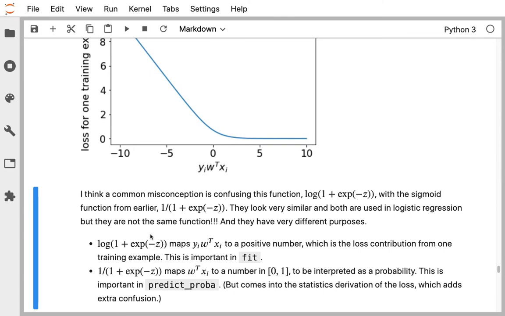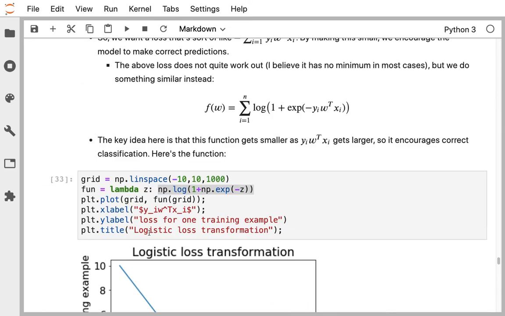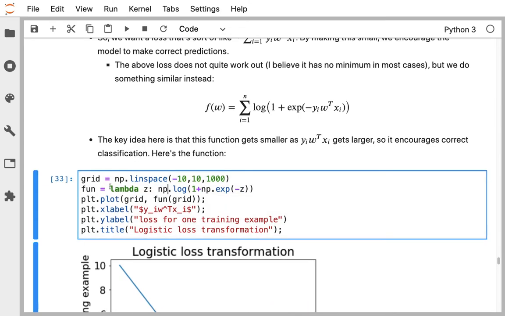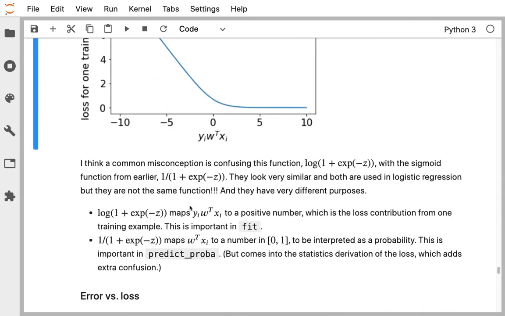So there we go. Like up here I used z for my lambda. Okay, so yes, major point of confusion for logistic regression, I think, and hopefully that could clear things up a little bit.